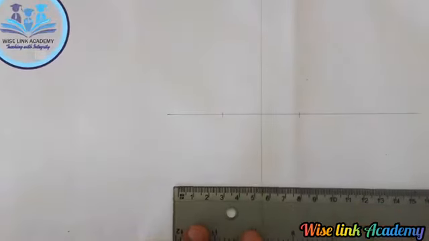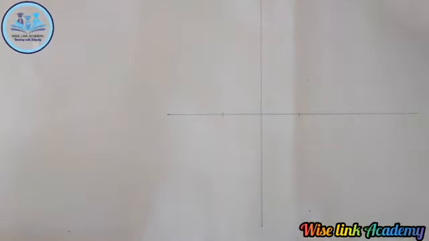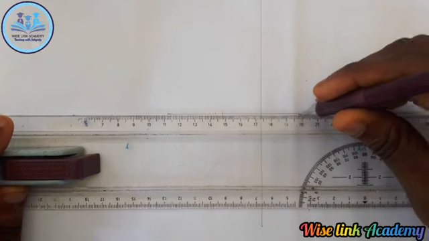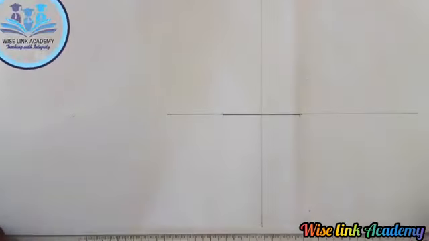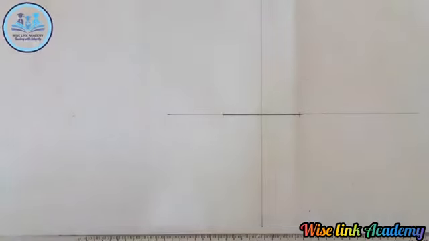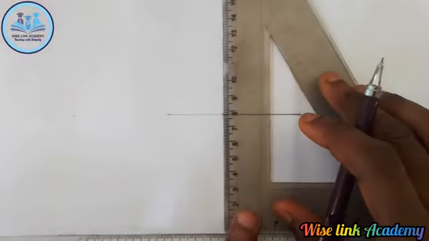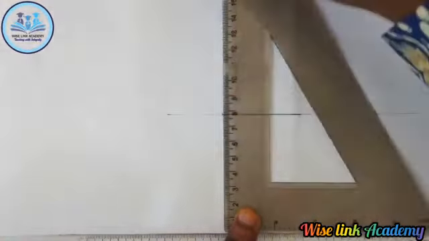Then I will take my T square. I will thicken that point. Thicken this one. Next up, I will take my set square this way. I'll project this line upward.